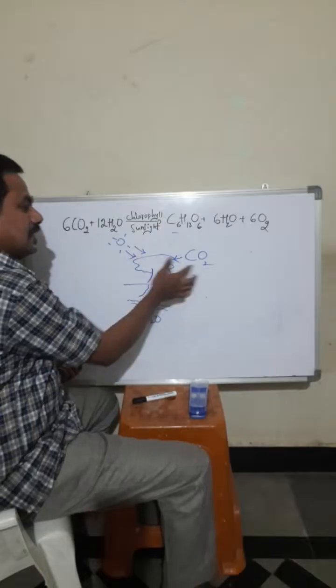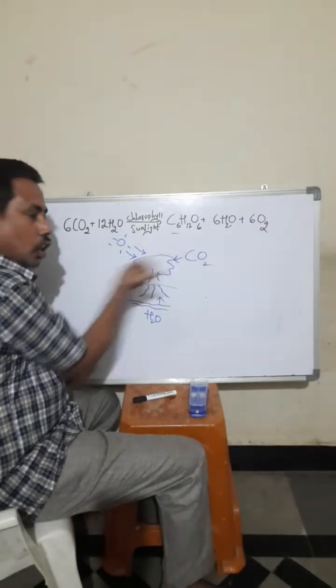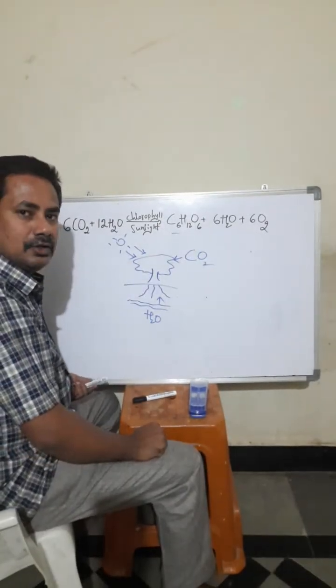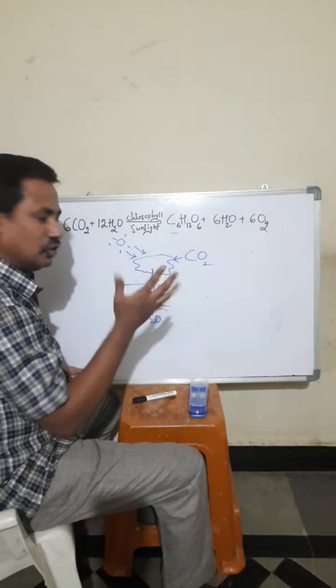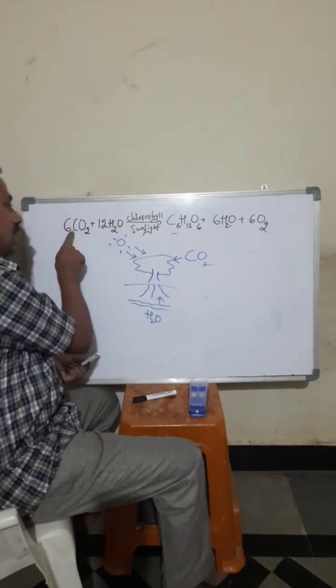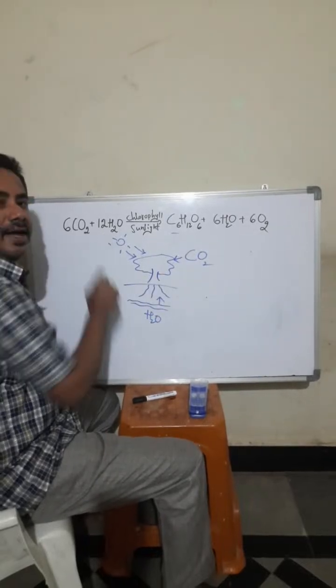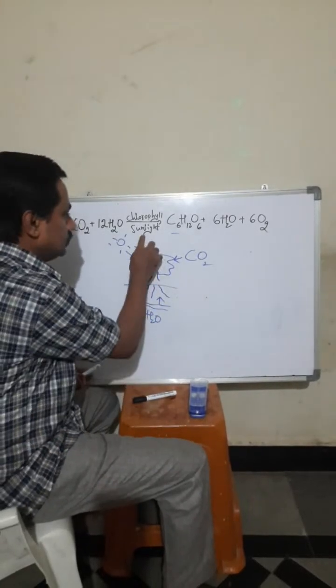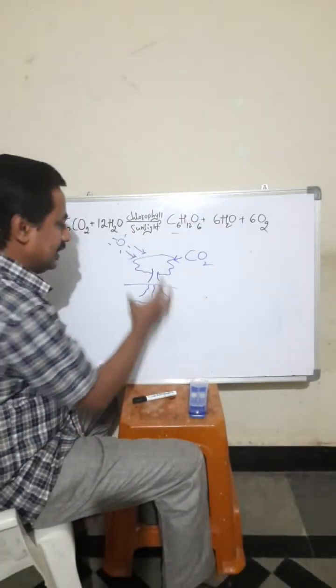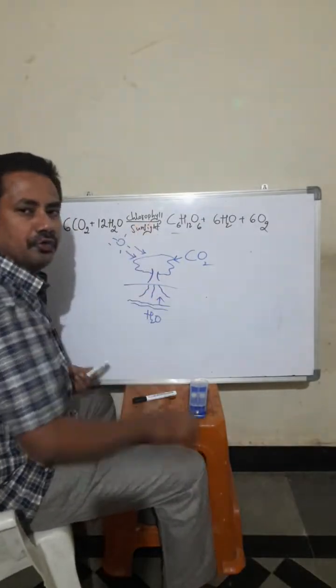Let's try to understand here: 6CO2. The plants absorb carbon dioxide. The plants absorb the water, 12H2O. In the presence of sunlight, the plants have chlorophyll.